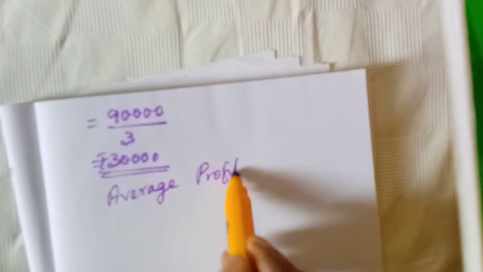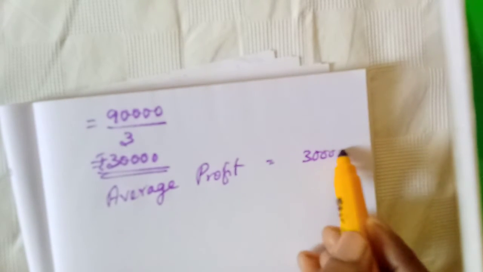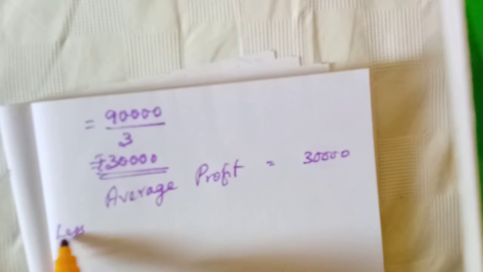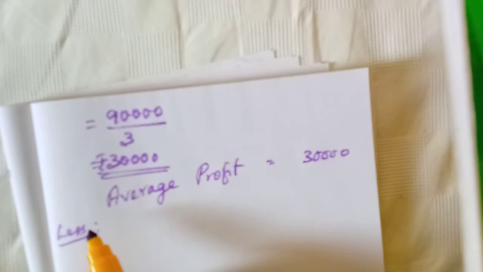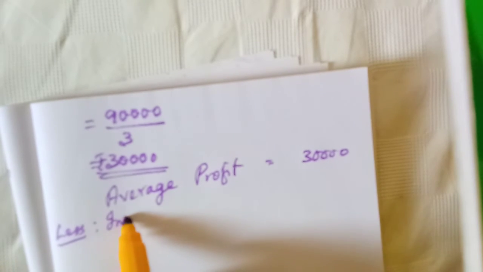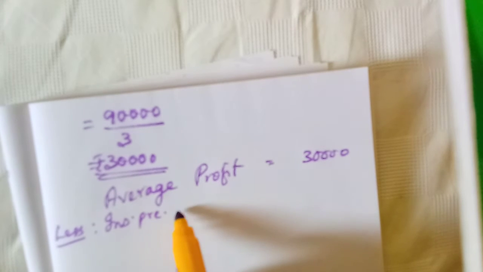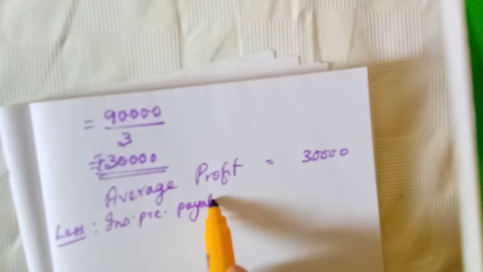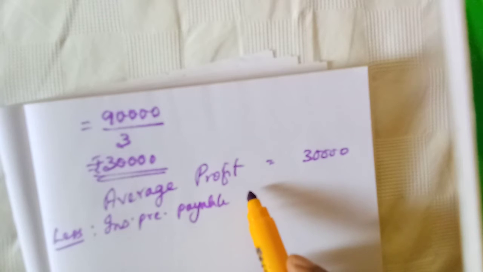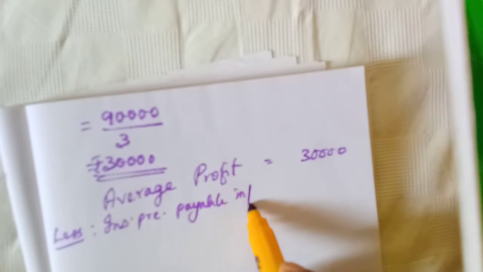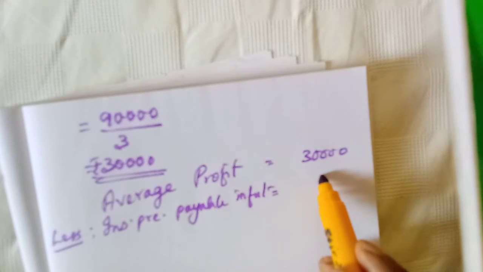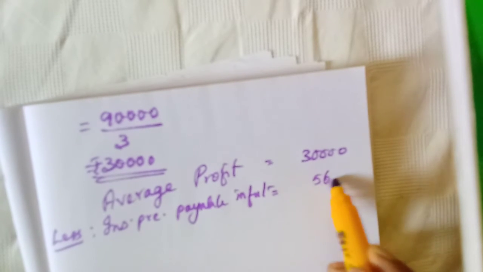So you write average profit 30,000, less the insurance premium payable in future. That means we need to deduct the future expenses, 5,600.